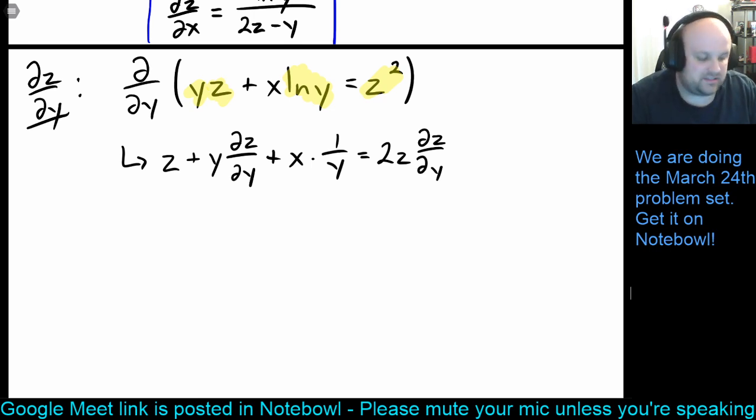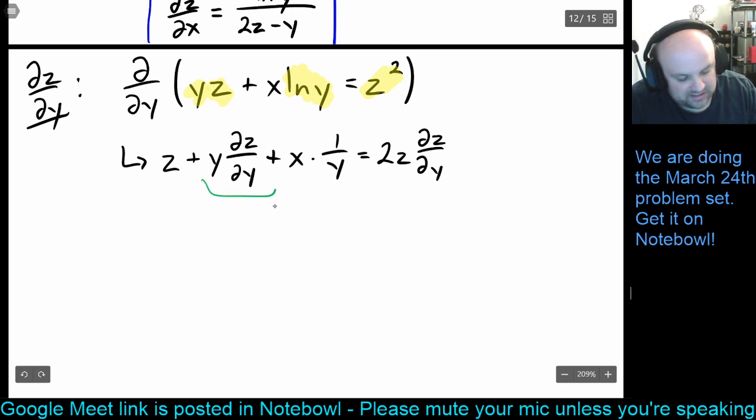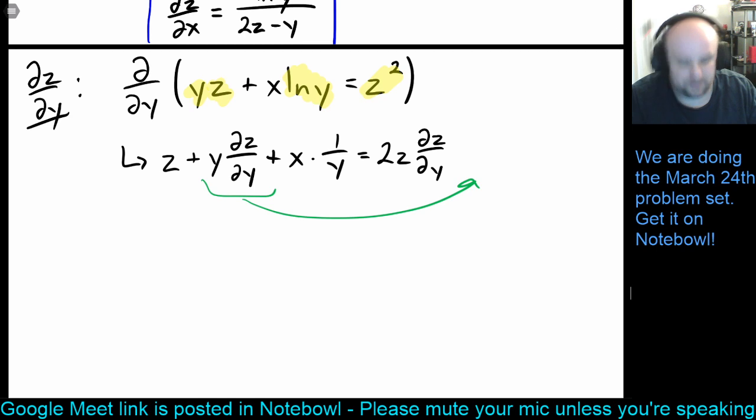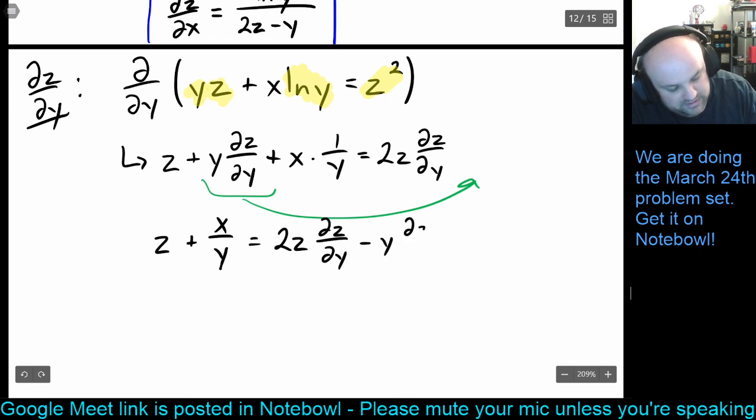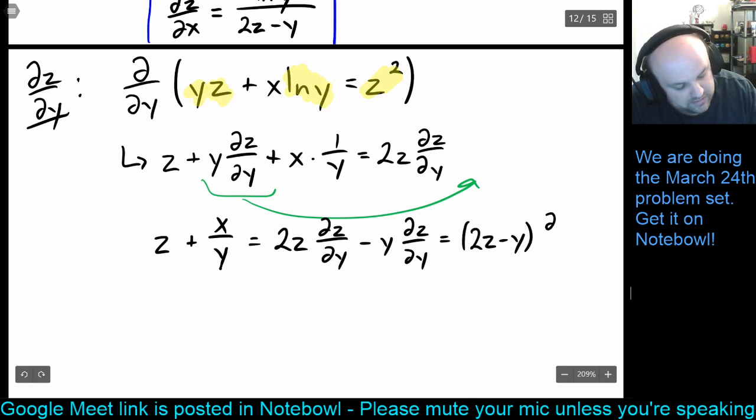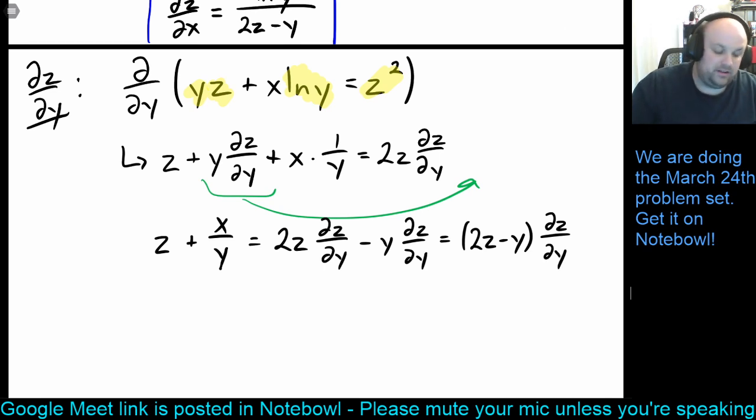Just like before, we're going to take this part and move it to this side so that we can group the derivatives together. We get z plus x over y is 2z dz/dy minus y dz/dy. This is (2z minus y) dz/dy.